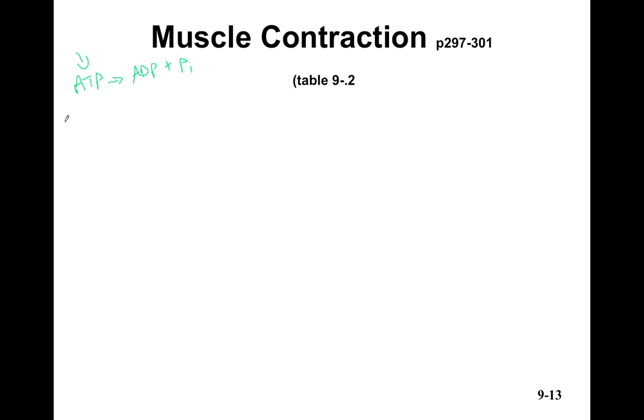All right, so the first step that happens is that we're actually going to start with the action potential, or the nerve signal coming down the motor neuron. I'm abbreviating because this thing does not write very well.